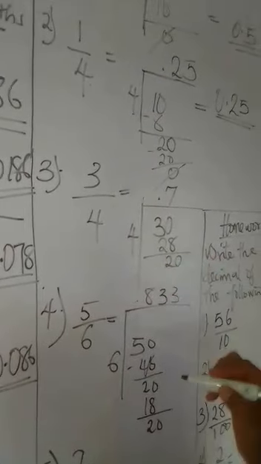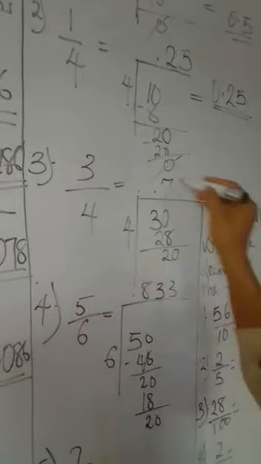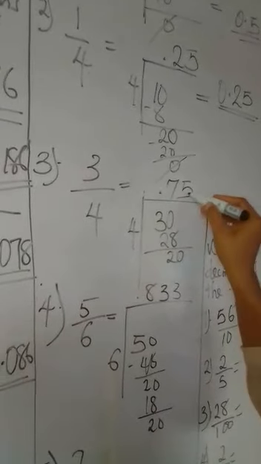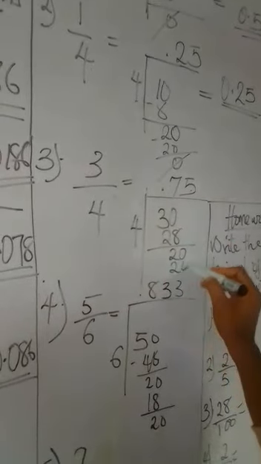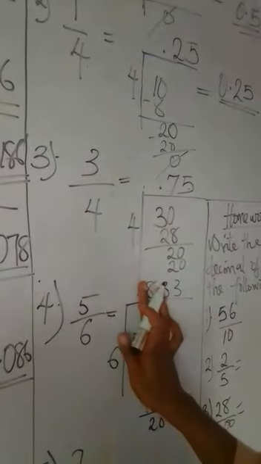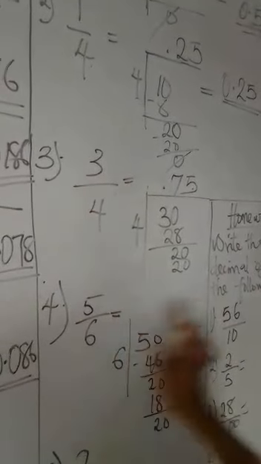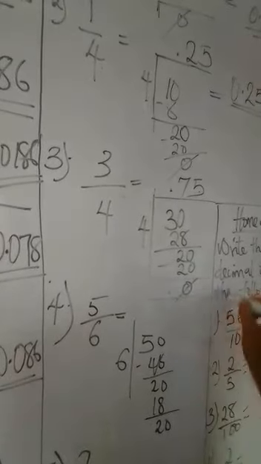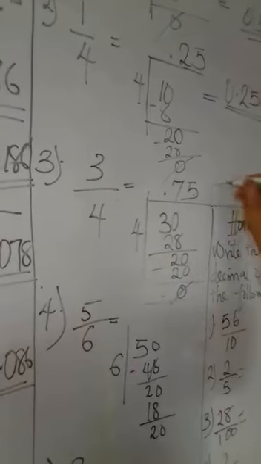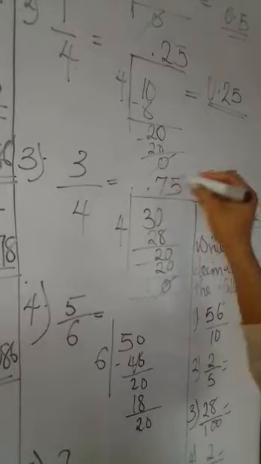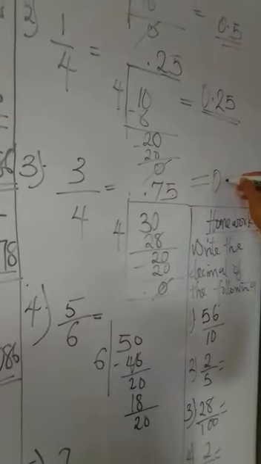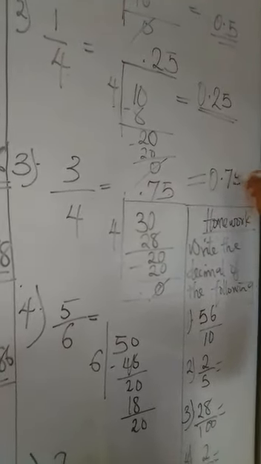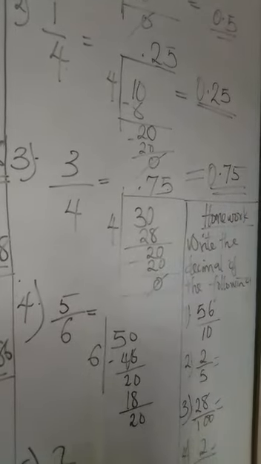I put my 0. 4 divides 20, I'll get 5. 5 times 4, 20. I subtract, and my final answer is 0. So once I get my final answer as 0, then I write out my answer 0.75. Alright?